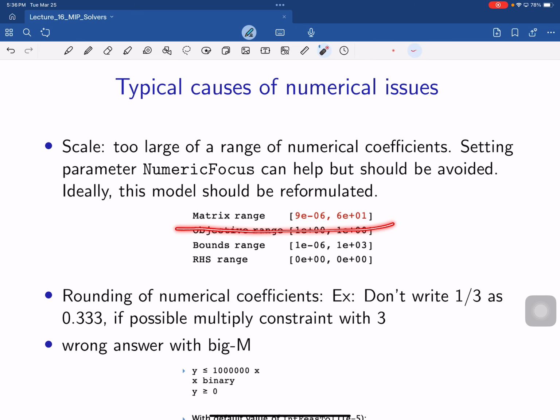If you have a matrix range that is too large, one thing you could do is use this parameter called numeric focus. It will give you higher numeric precision. But that's not recommended because that will slow down the process. You should try to reformulate the model to make this range small. For most of the problems, you should be able to make this range small.